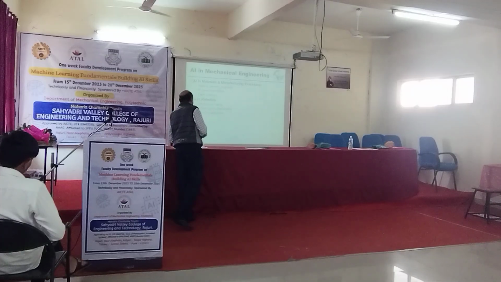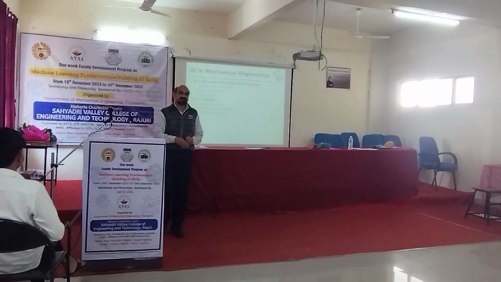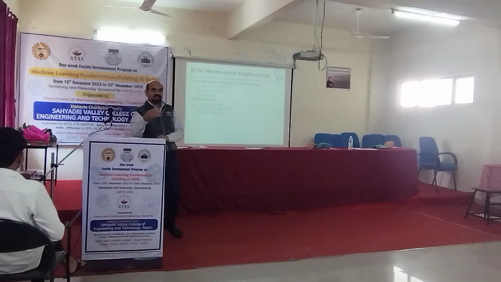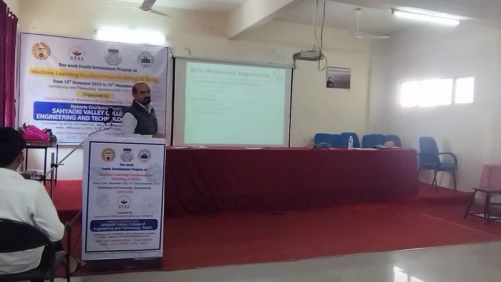In material and manufacturing processes, AI helps develop new materials and generate the new things required for Industry 5.0. Process optimization reduces time, maybe assembly line time. Then fault detection: in an easy way you can detect the fault. Then AI robotics, autonomous robots.